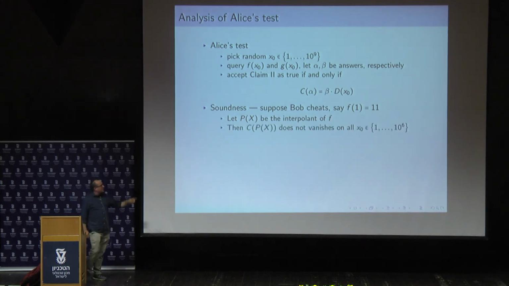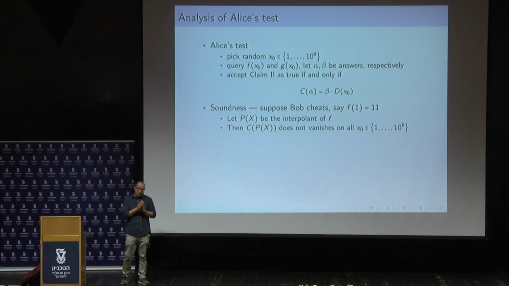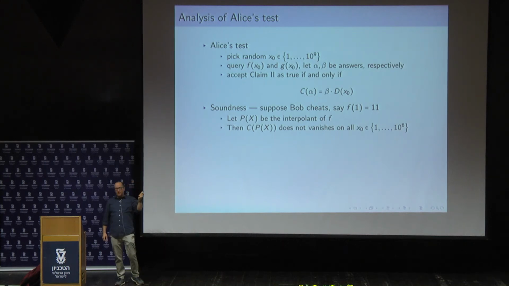There's a polynomial that describes it. Now, if you look at C of P of x, it vanishes almost on all the domain, but there is one point where it doesn't vanish, point 1, right? So C of P of 1 will not equal 0. It will be some other number.